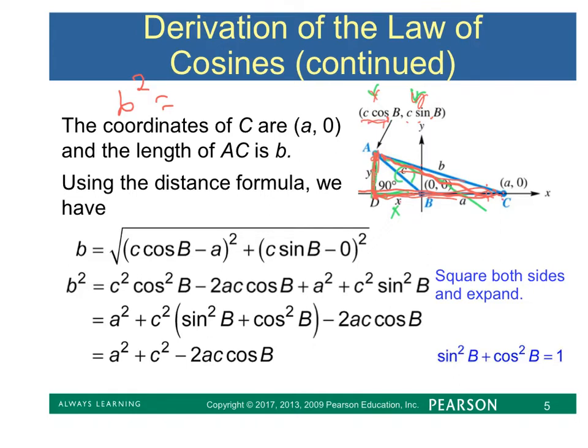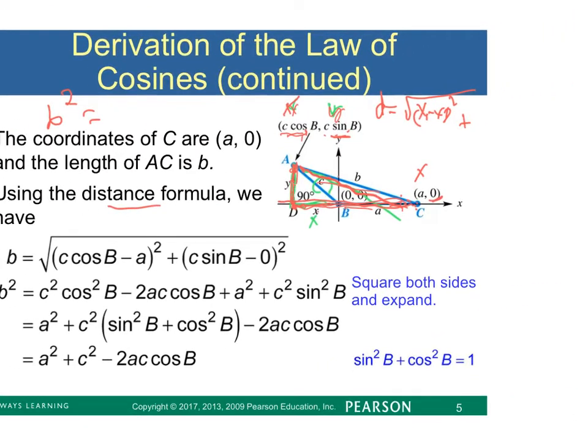That should remind you of one of the x's minus the other x, squared, plus one of the y's minus the other y, squared, and take the square root. That's from the Pythagorean theorem, giving you the distance formula. Distance equals the square root of one of your x's minus the other x squared plus one of your y's minus the other y squared.